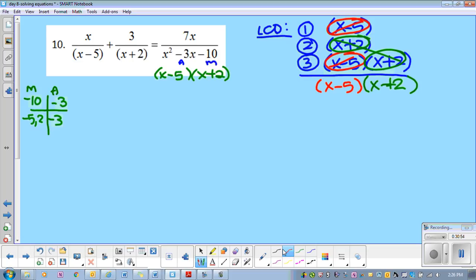Now, what is the first fraction missing to look like the LCD? x plus 2. And remember, whatever you multiply on the bottom, you got to multiply on the top. Second one, x minus 5. And the last one, nothing.